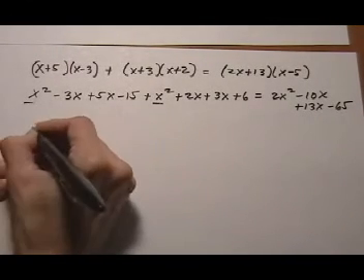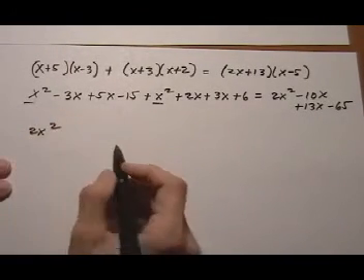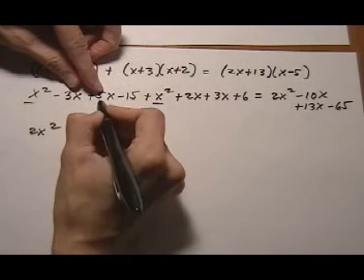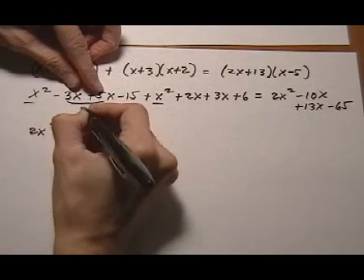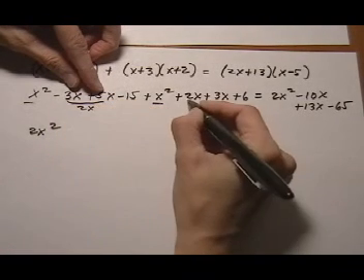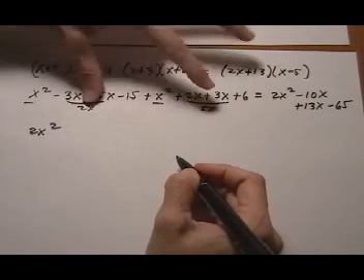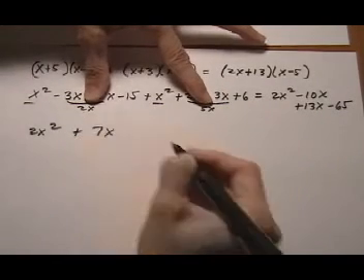X squared and x squared is 2x squared. And then minus 3x plus 5x is 2x. But then over here we have a 2x plus a 3x is 5x. So all together we have a 2x plus a 5x is plus 7x.